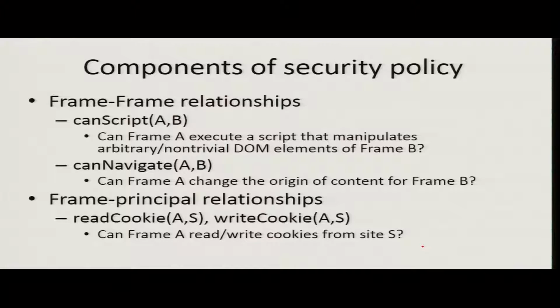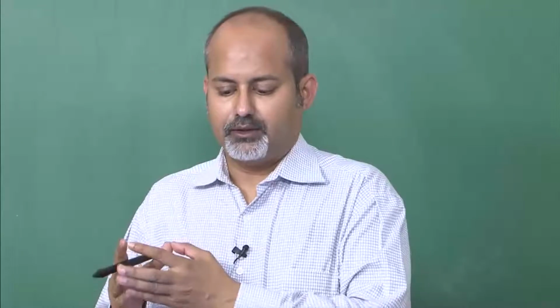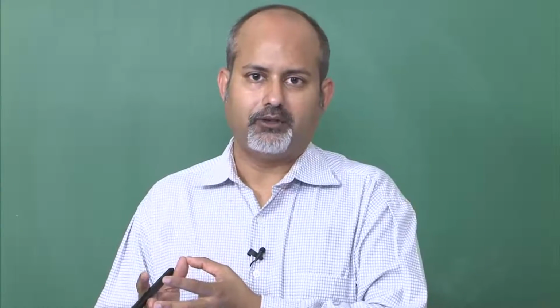The contents of the different frames come from different sites, and therefore they cannot trust each other. So there has to be some policy that restricts the frame-to-frame relationship. For example, if you have content in frame A and content in frame B, and frame A is actually a JavaScript, can it script something to manipulate the content of frame B?